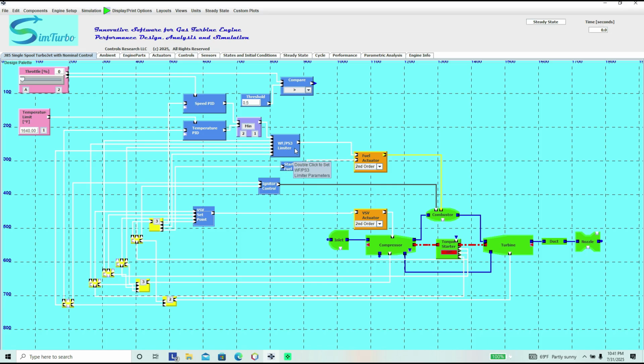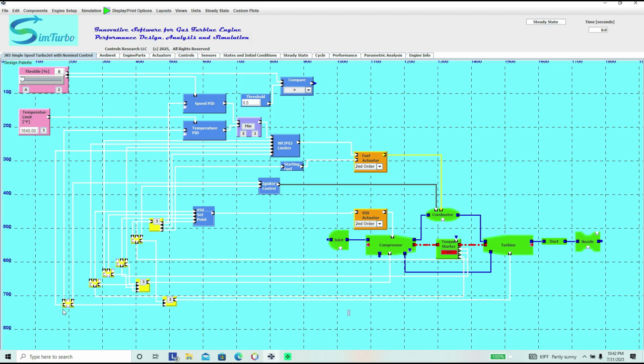We also have a limiter, a WF over PS3 limiter on the system. Starting fuel, the igniter control, a variable stator vane set point.